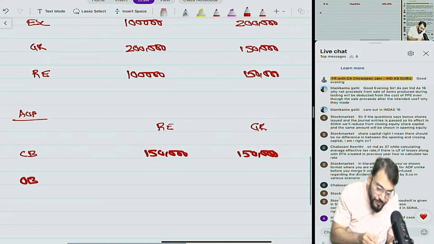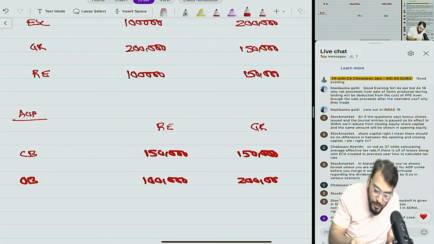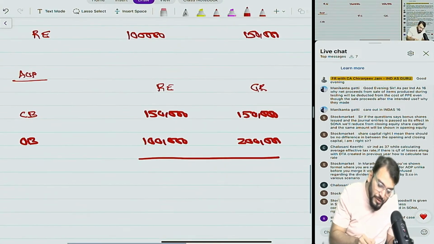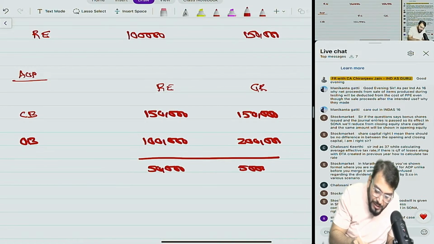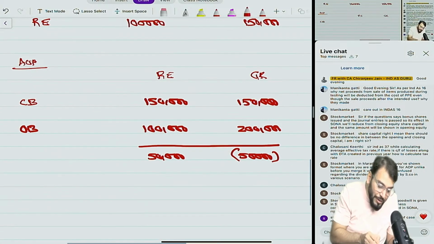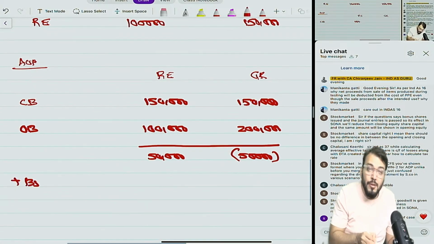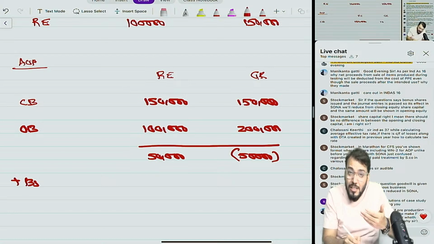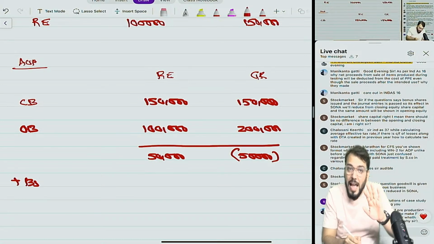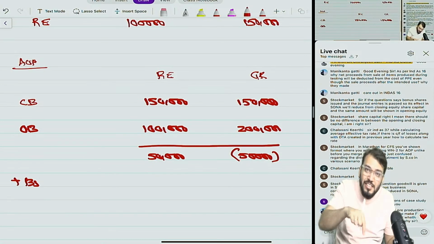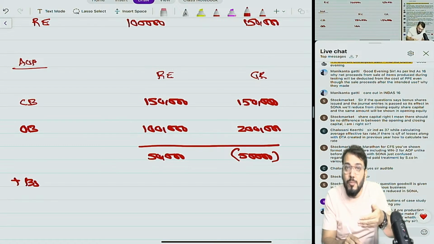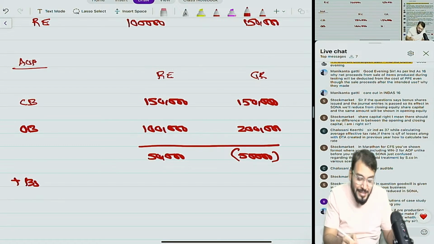Opening balance is how much? It is 1 lakh. And now it is 2 lakh. So it is coming to 50,000, and you can see this is negative 50,000. Now what will you do? You will do plus bonus shares. Why? Because the journal entry has been done, so you need to nullify it. You need to add bonus shares. And of course, it is understood that the journal entry has been done from general reserve because general reserve became negative.